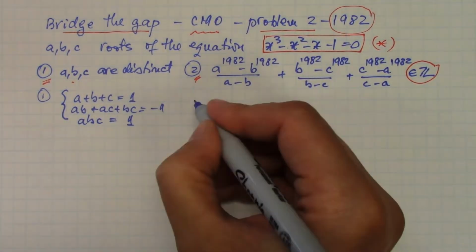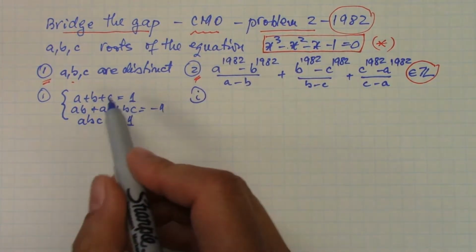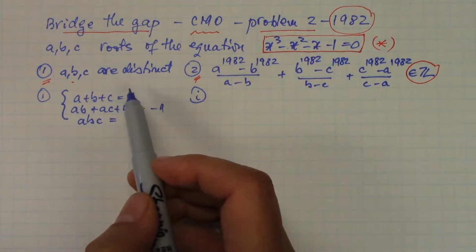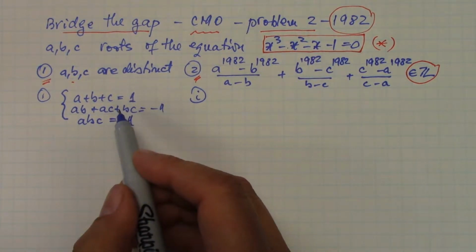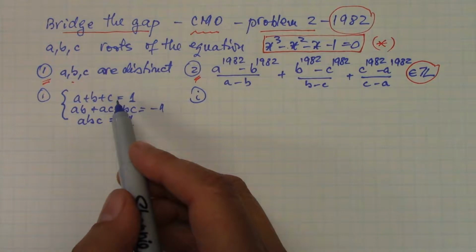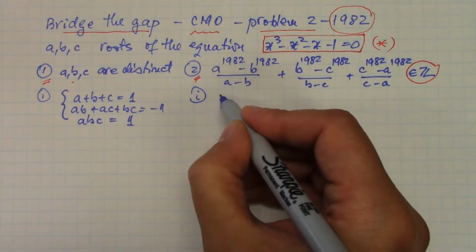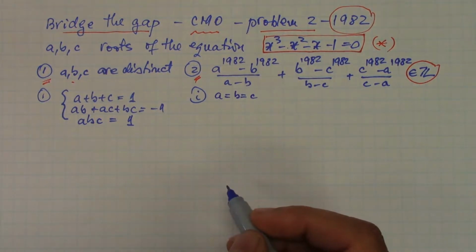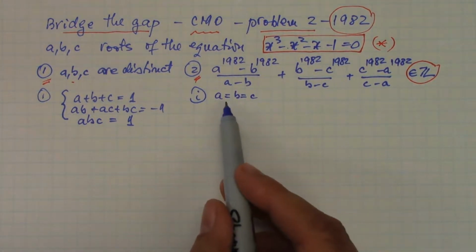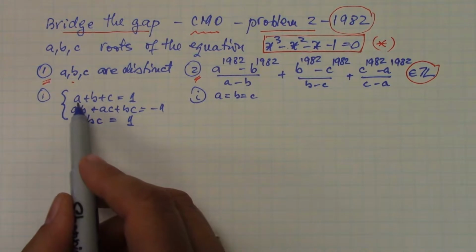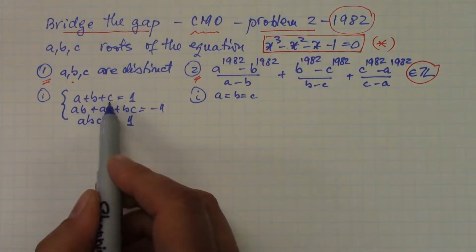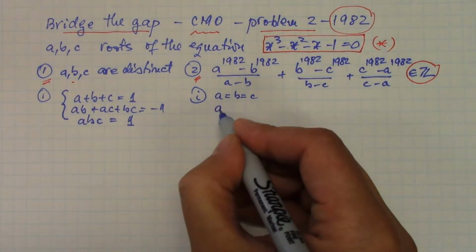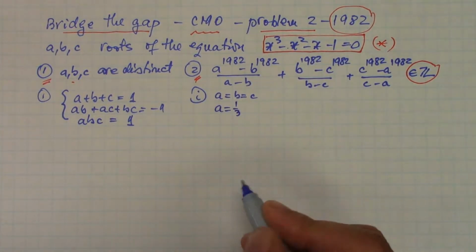Let's see. Maybe these roots are not distinct. What does that mean for us? It means that there are two possible situations. Either they are all equal to each other, so a is equal to b is equal to c. Is this possible? If we replace b and c by a in the first relationship, we get 3a is equal to 1, so a is equal to 1 over 3.